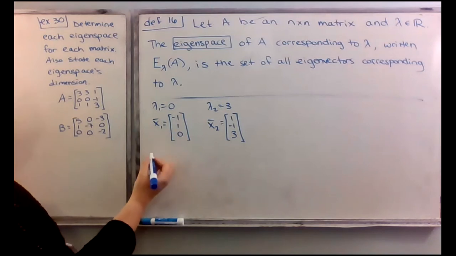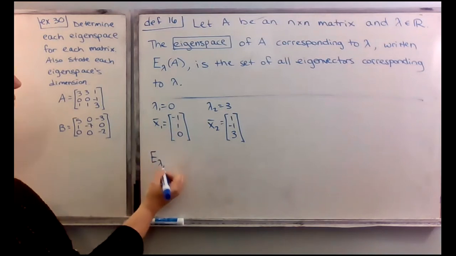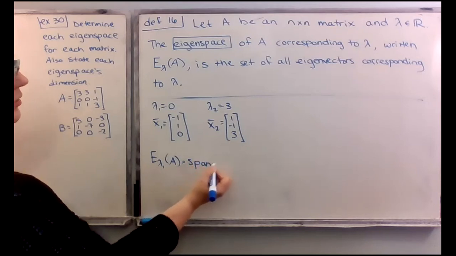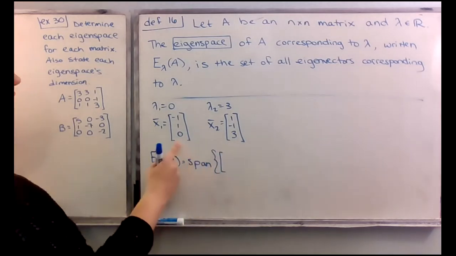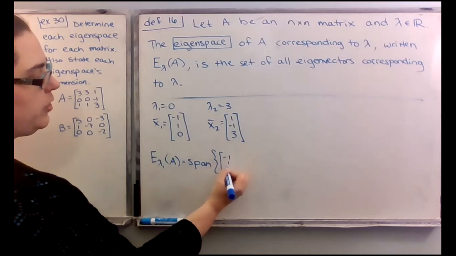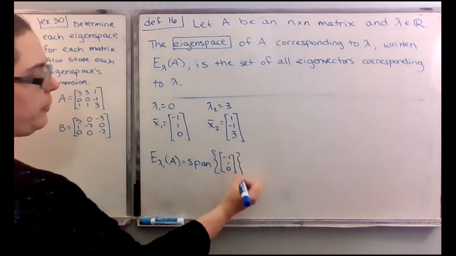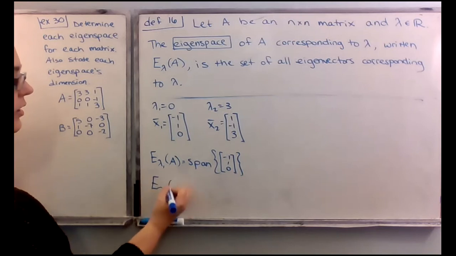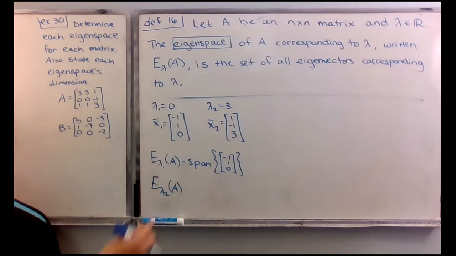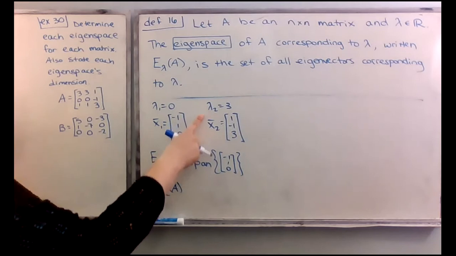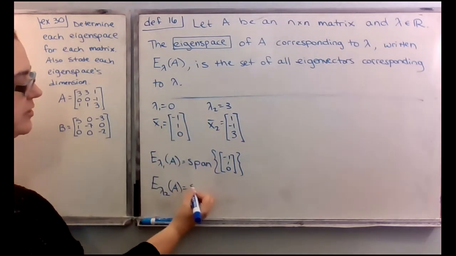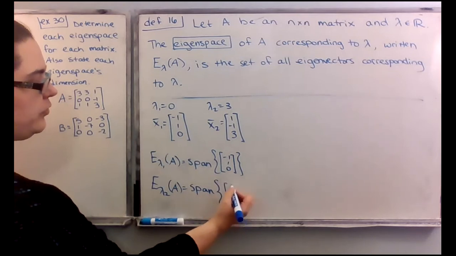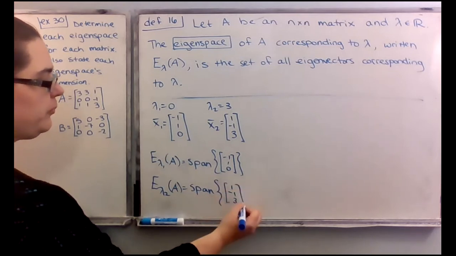So the eigenspace for lambda 1 of A is going to be the span of this vector, -1, 1, 0. Similarly, for the second eigenvalue, an eigenvector, that's going to be the span of 1, -1, 3.